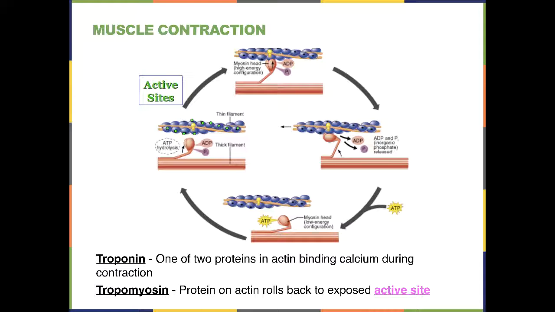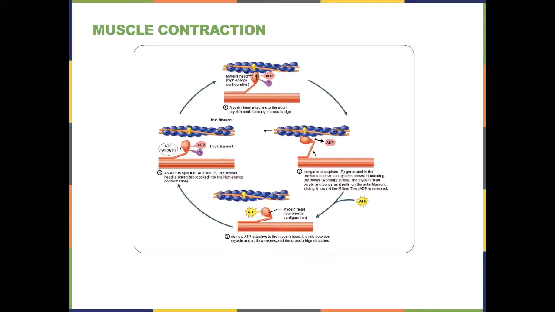So now let's look at another slide of this same thing. And we're going to start at number 1 up here. Number 1, the myosin head attaches to the active site on the actin myofilament and forms this cross bridge. Notice that it's, again, designated a high energy configuration.